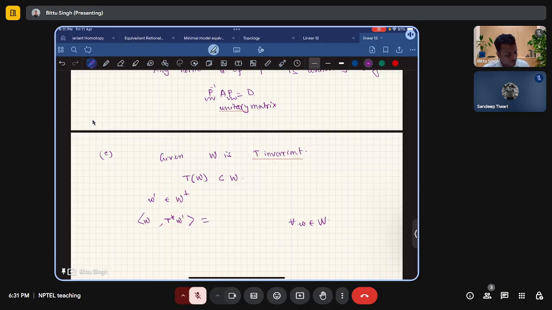This is the same as the inner product of TW and W dash. But TW is an element of W, because W is T invariant. Therefore this belongs to W and W dash belongs to W perp, so the inner product must be 0. Therefore T star W dash belongs to W perp.